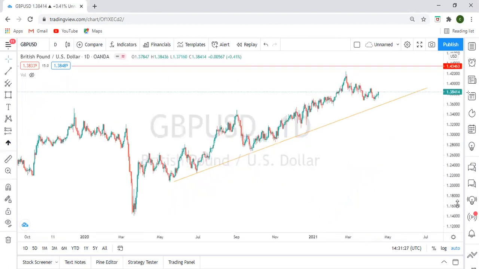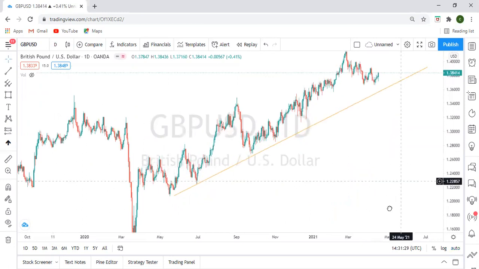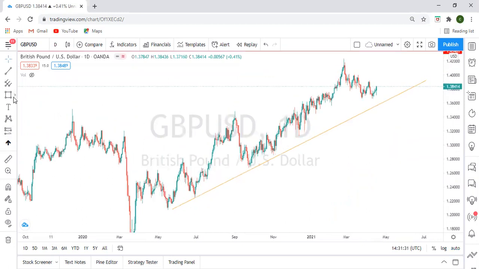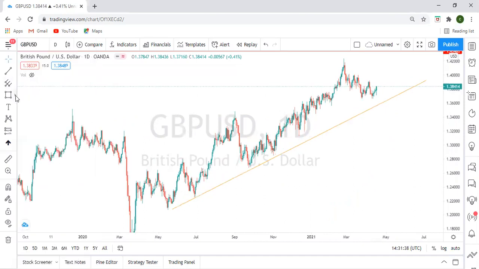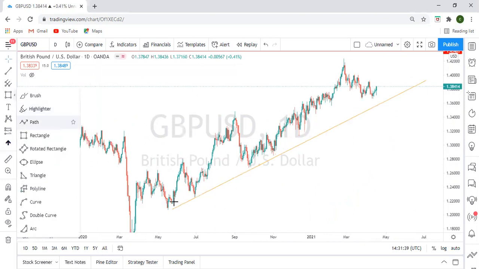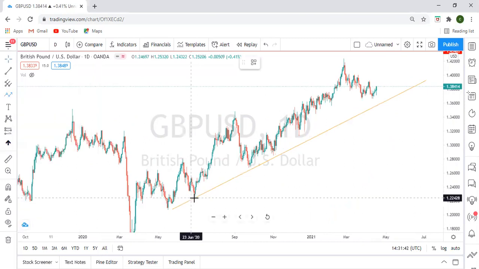So we are having this structure on the daily time frame. Let's take the price tool. Here I'm gonna show you what GBPUSD's movement has been all about now.